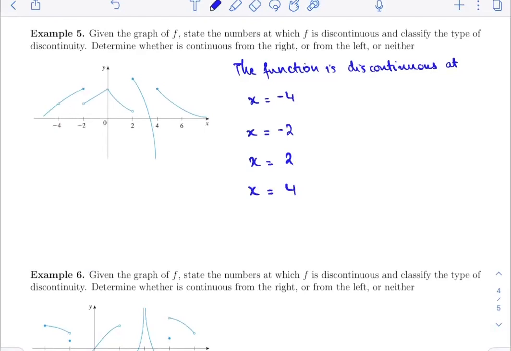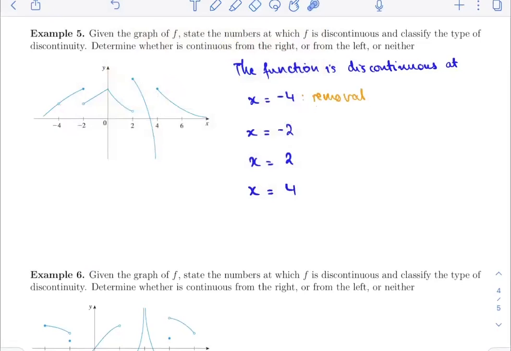Now you classify the type of discontinuity. Remember, there are 3 different types of discontinuity: the removable discontinuity, the infinite discontinuity, and the last one is the jump discontinuity. At the point x equal to -4, this is a removable discontinuity because there's a hole, but the limit at that point exists.